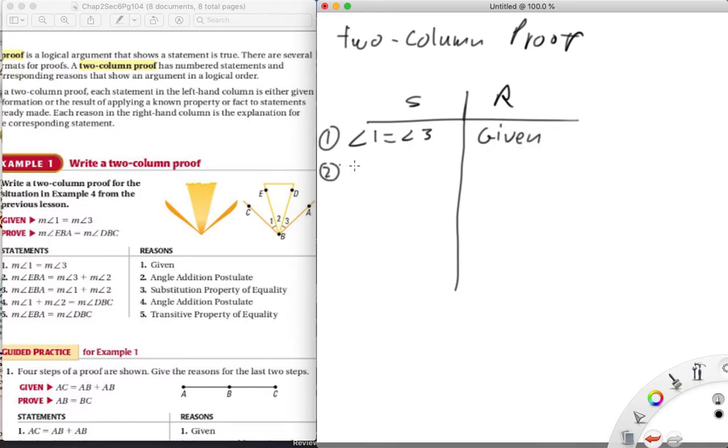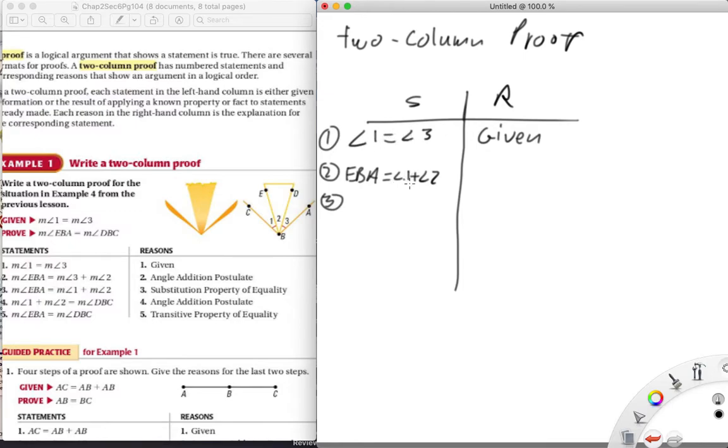Step 2: angle EBA, I'm just going to write EBA to save space, is equal to angle 1 plus angle 2. Then for step 3, they substituted.